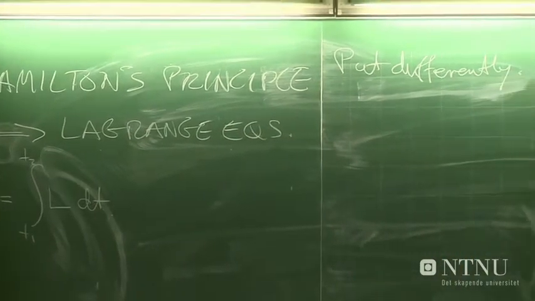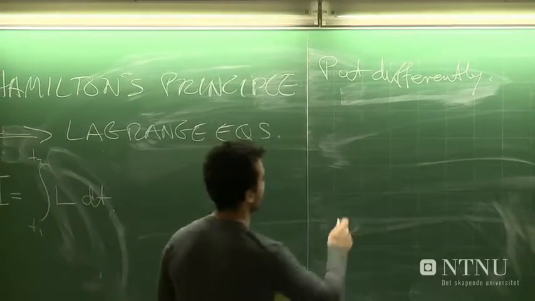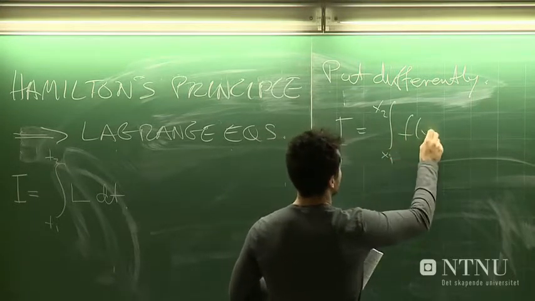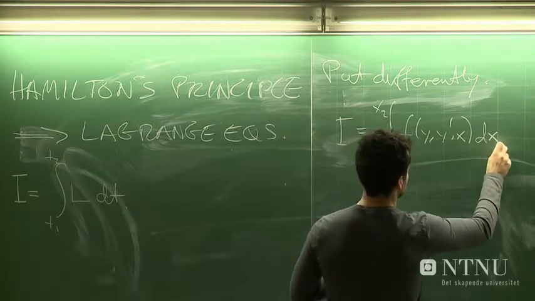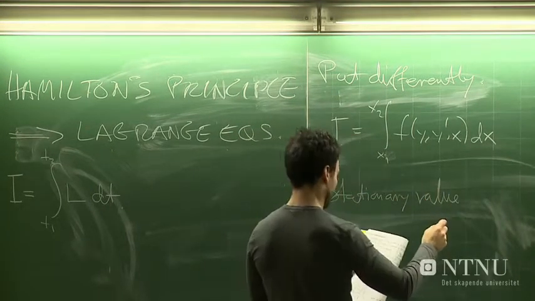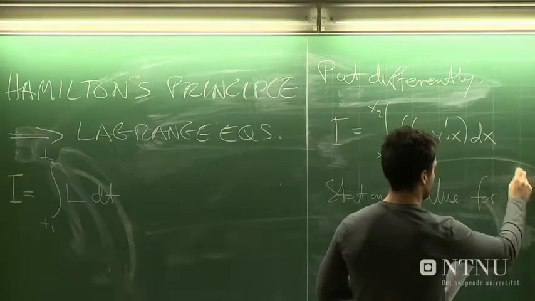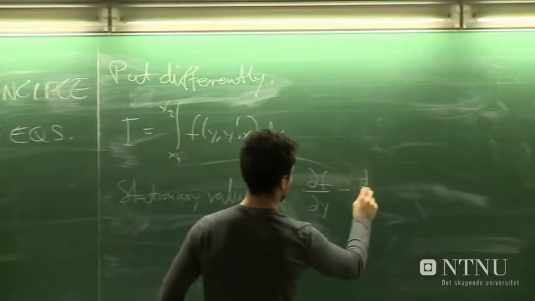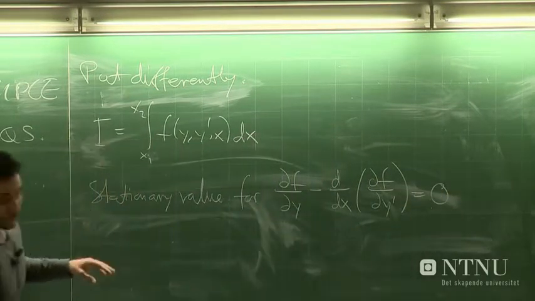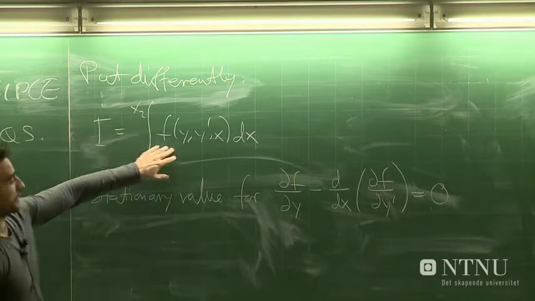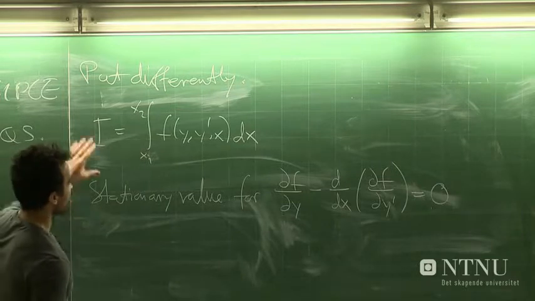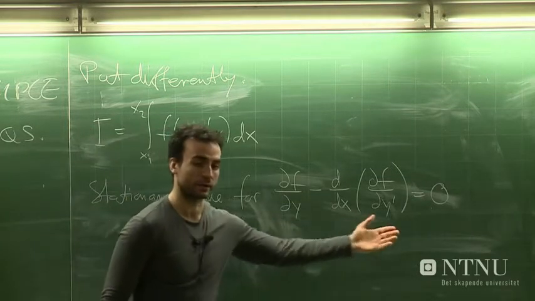And towards the very end of the lecture, we put this in a slightly different notation and wrote that if you consider this integral over some function of y prime, which denotes derivation with respect to x instead of t, this integral will have a stationary value if the following condition is satisfied.